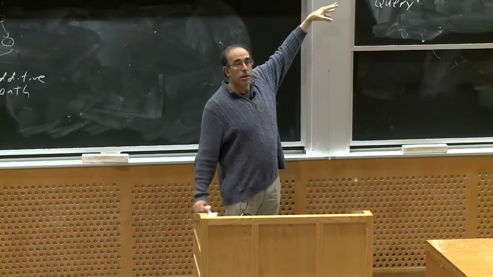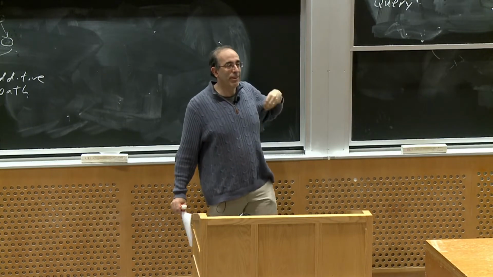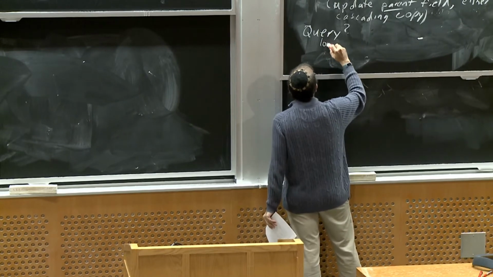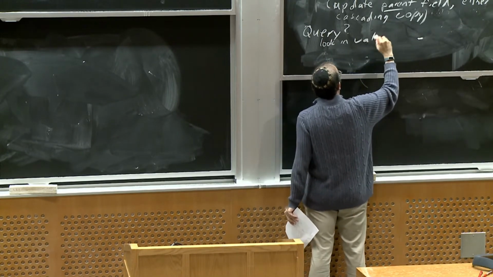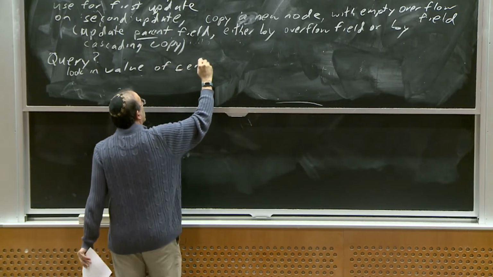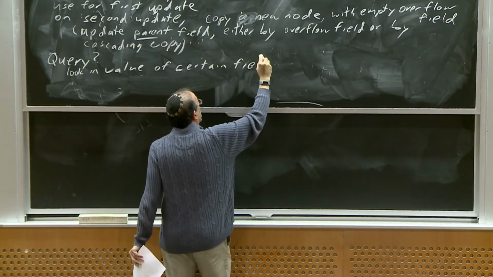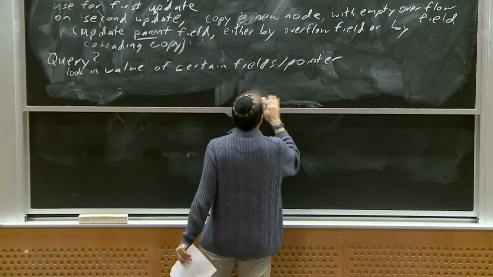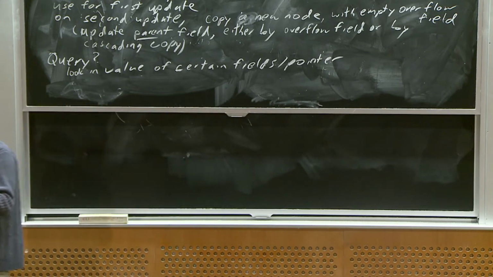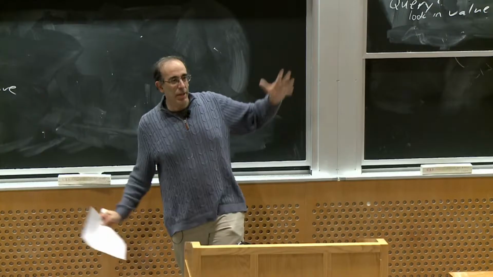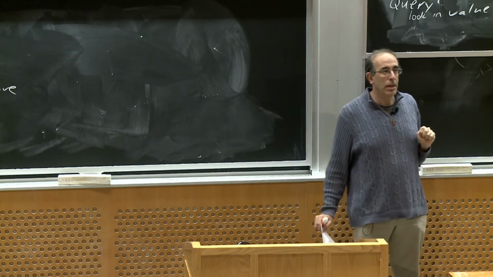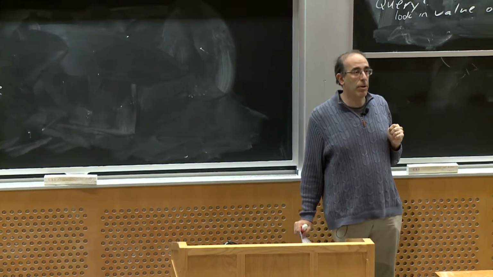But given this representation, what does it mean to look at the value of a field? And so how do I do that? Again, we're simulating a single pointer access as a low-level operation, a whole series of which provides the overall data structure operation. So how do we implement this single pointer access? It's not very hard, but I want to make sure that people understand how this is working.